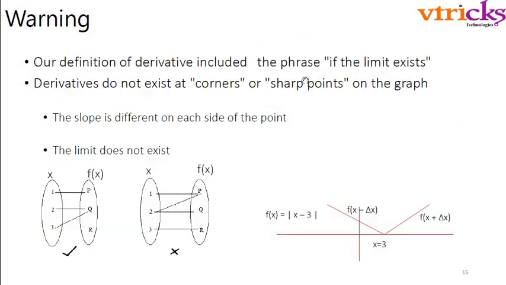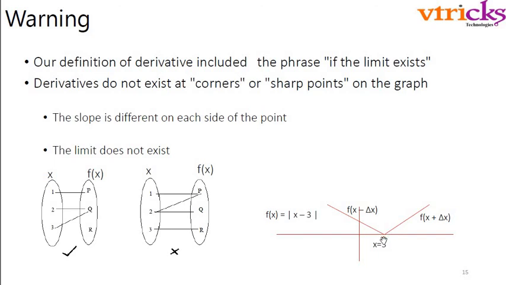Now, the definition had a term: if the limit exists. So what does it mean? So let us look at a function f(x) is equal to |x minus 3|. At x equal to 3, the function is 0. So f of x is 0 here.